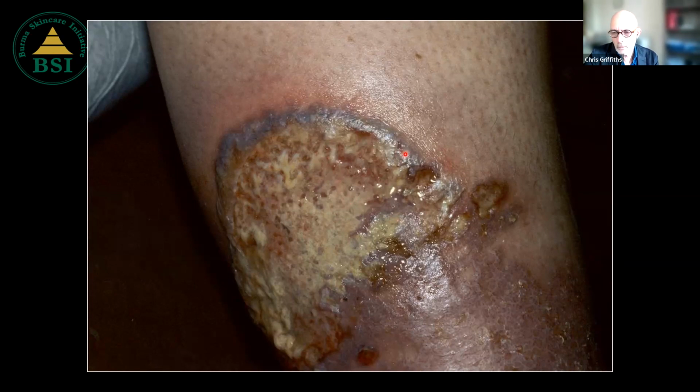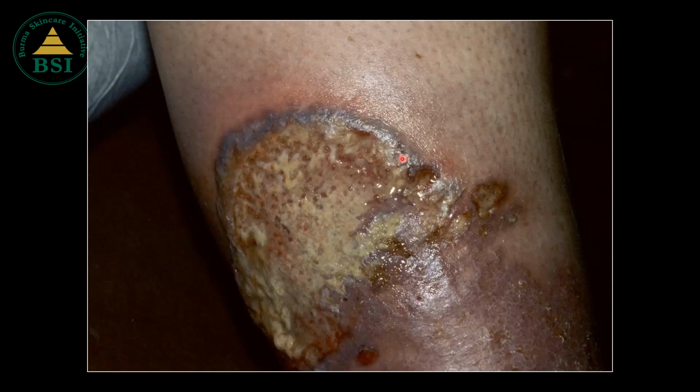So what other conditions? This is a link to systemic disease. So if I told you this woman had, sorry, go ahead, whoever that was. Yes, pyoderma gangrenosum. Excellent, brilliant, well done.